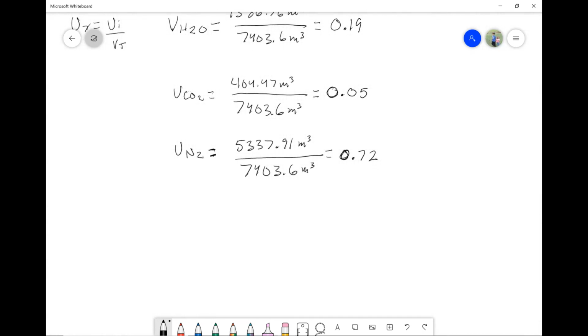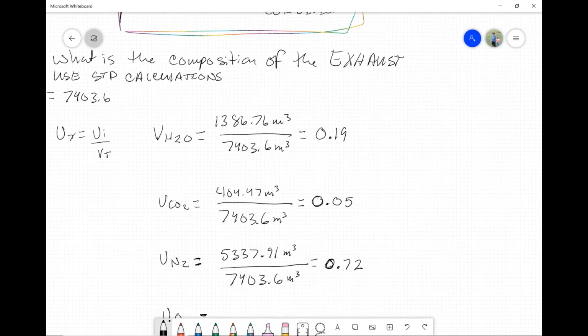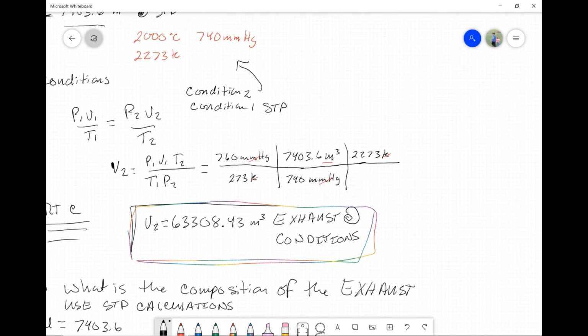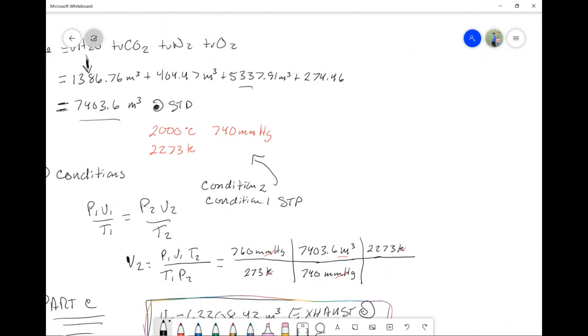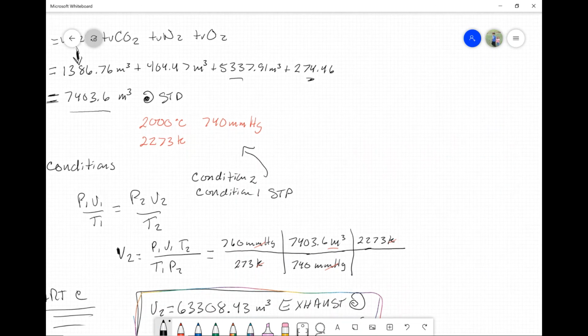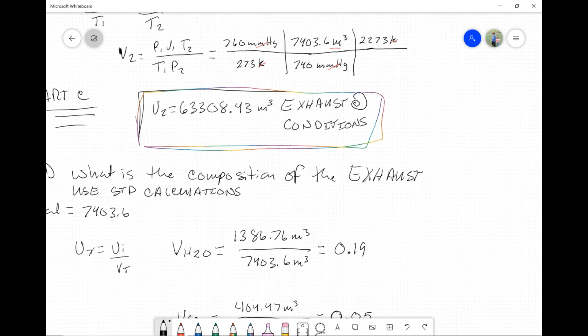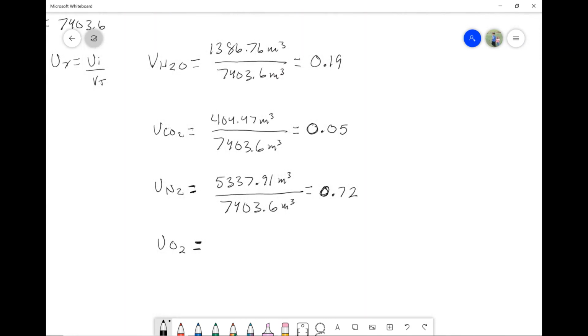And the last one is O2, so VO2. Sometimes people use this as a measure of sports capability, your VO2. 274.46, so not very much because it was just from that excess air. So 274.46 over 7403.6.